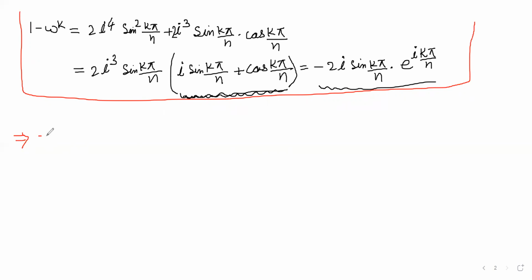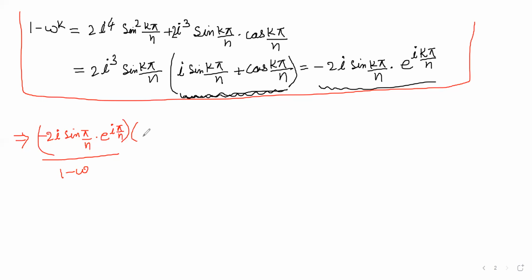so it is going to be minus 2 iota sine pi upon n into e raised to iota pi upon n. This is first term. Notice this is 1 minus omega.